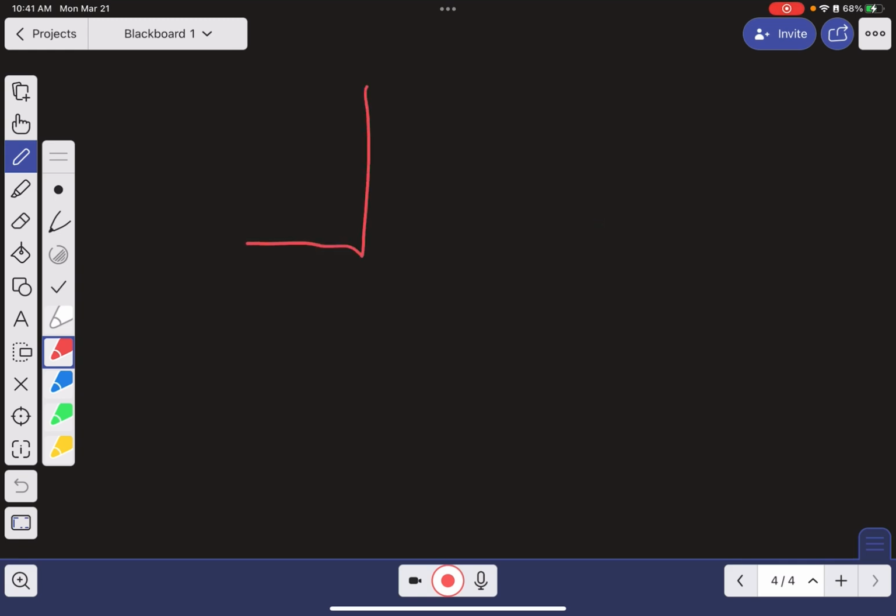Okay, so in the next one, we've got this triangle, and we're going to say that this has length of 15, this has length of 8, and my theta's down here. But instead of finding them all this time, let's say that I just want to know the sine ratio of theta.